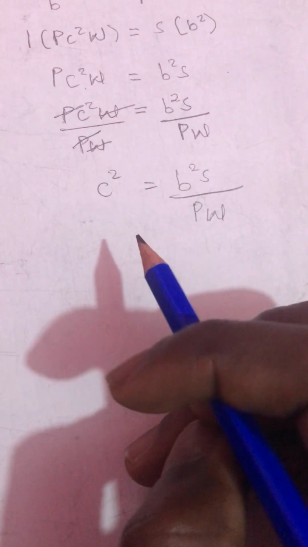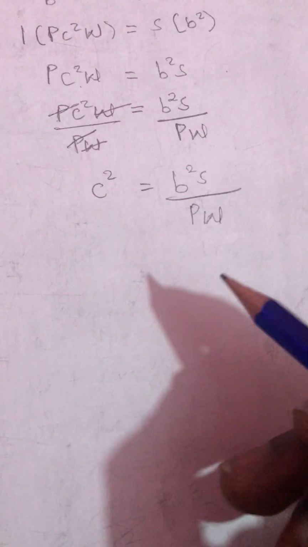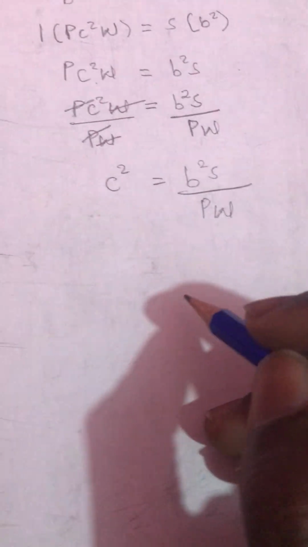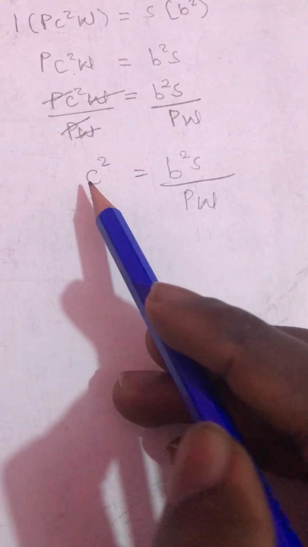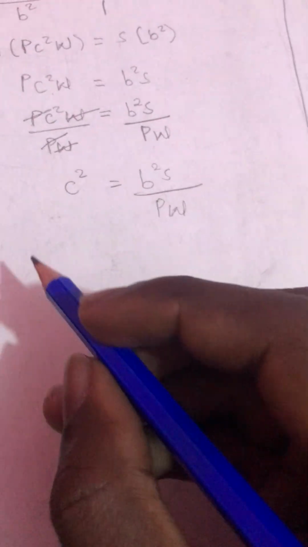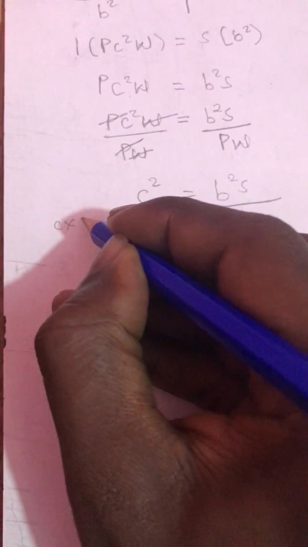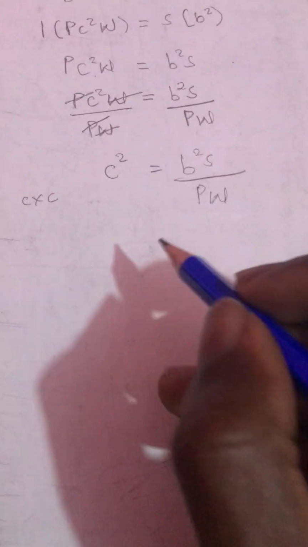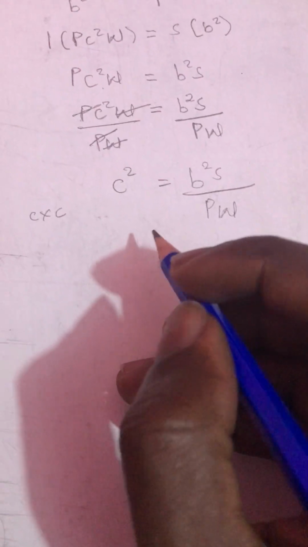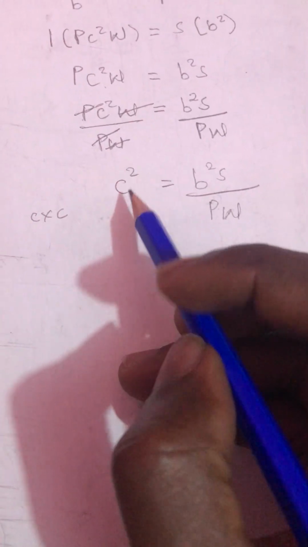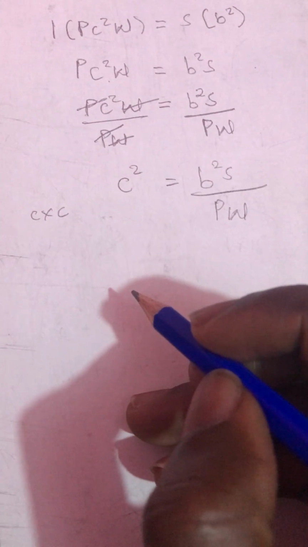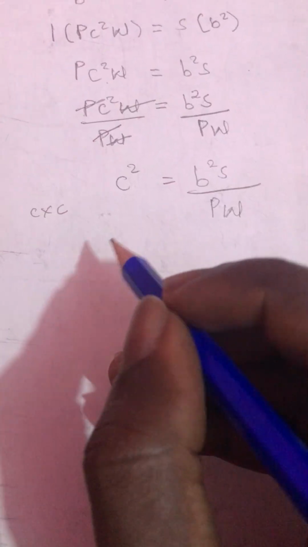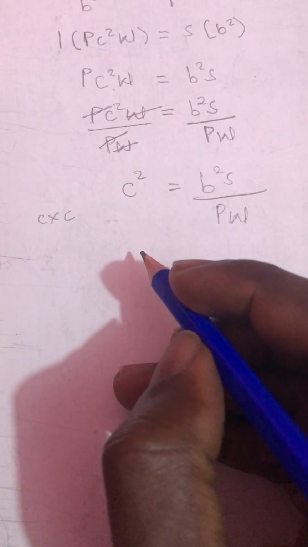And in doing so, we were asked to make C the subject of the relation, but here our C is C squared, right? So C squared means C multiplying C, right? However, if you want to eliminate a square, what you have to do is to introduce the square root, right?